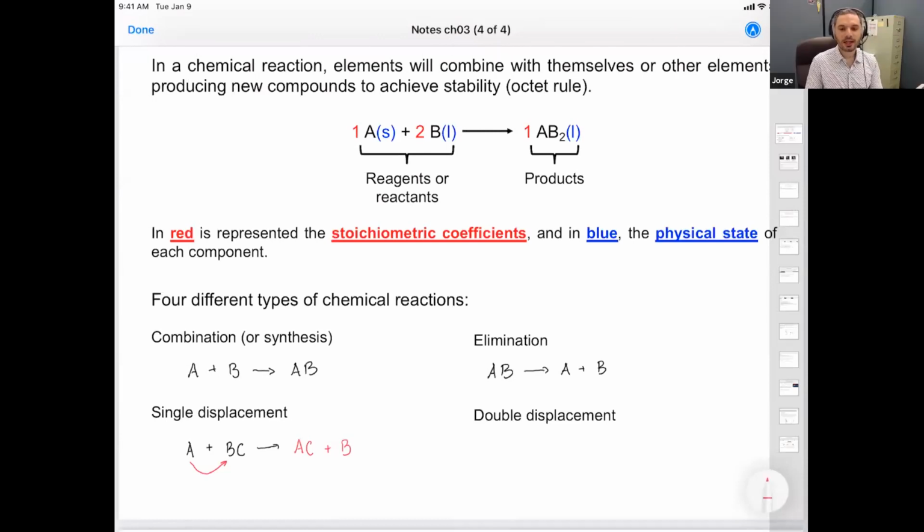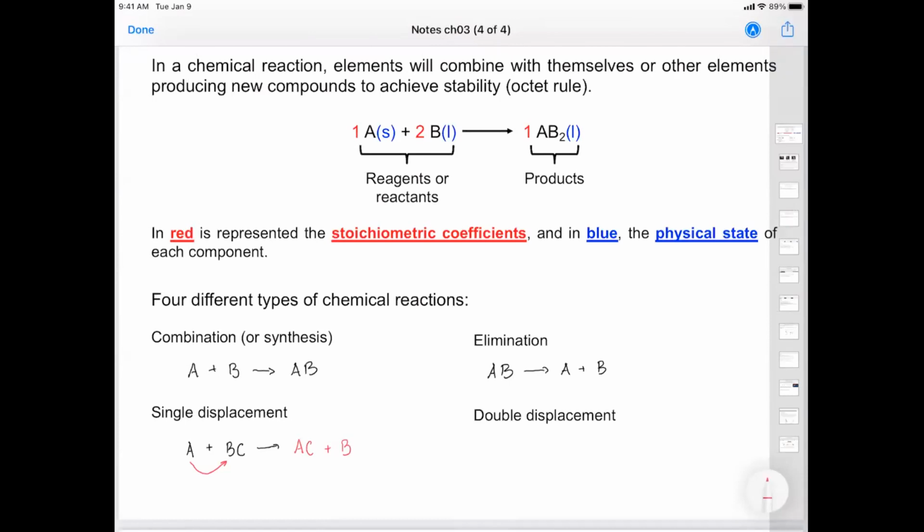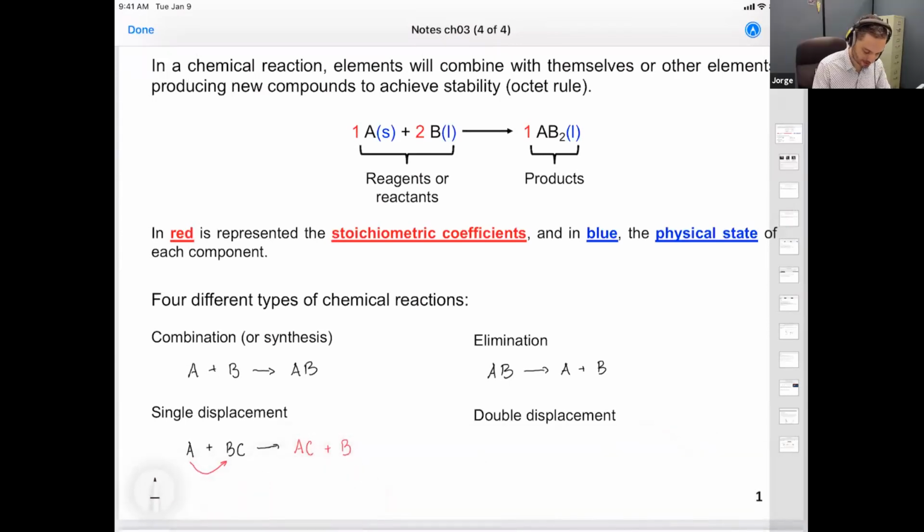And finally, double displacement. For the double displacement case, we start with two compounds, for example, AB with CD, and we are going to displace everybody in the reaction.